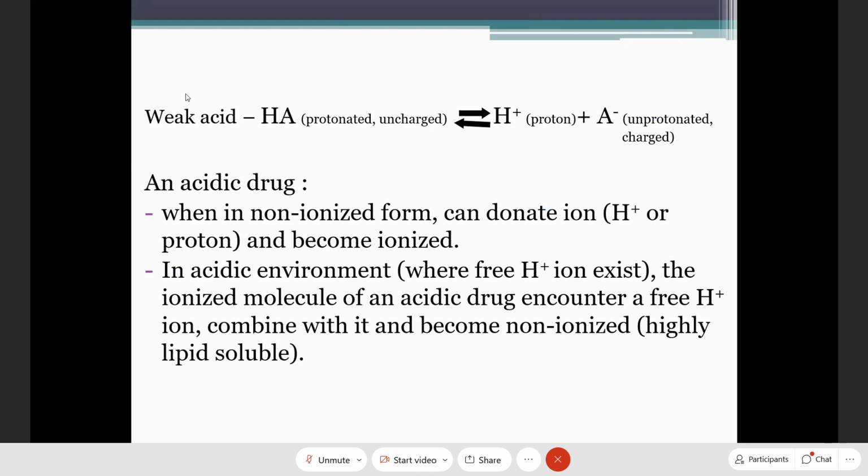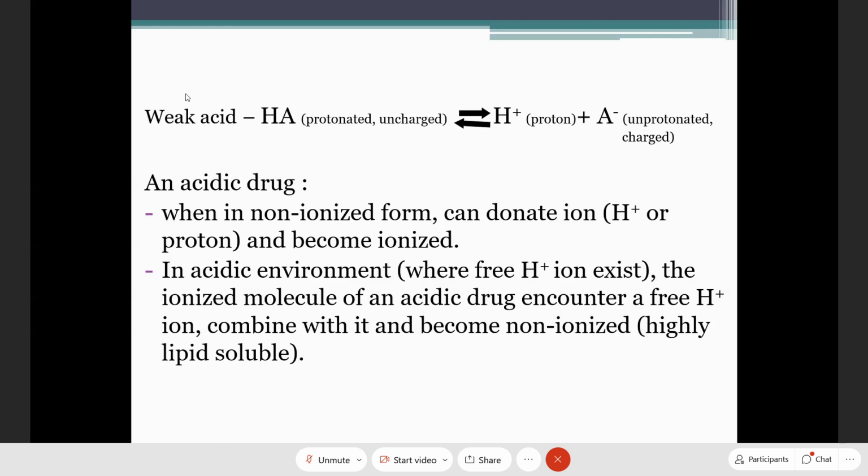Okay, I've mentioned the weak acid just now. In the non-ionized form, the weak acids donate H plus and become ionized.